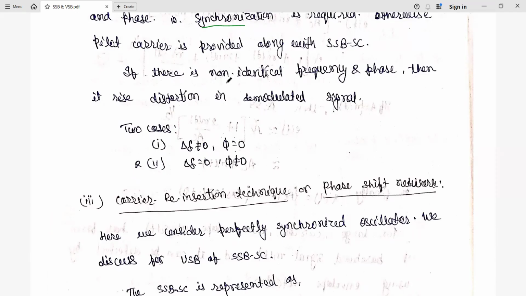If there is non-identical frequency and phase, then it will cause distortion in the demodulated signal. So we have two conditions: if del f is not equal to 0, then phase shift is equal to 0. If del f equal to 0, then phase shift is not equal to 0. Like this we have the conditions in the case of non-identical oscillators.